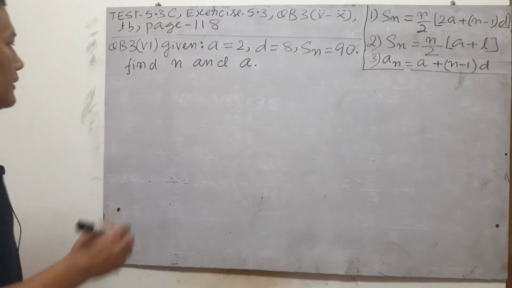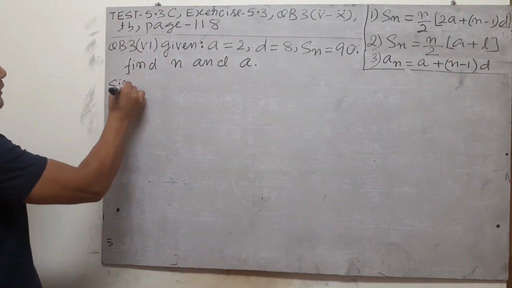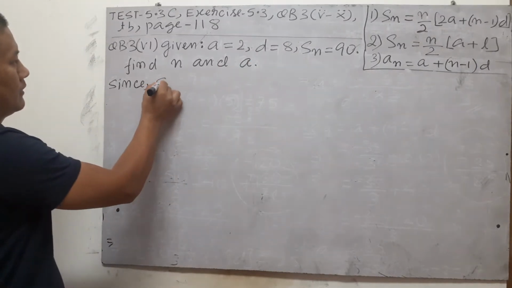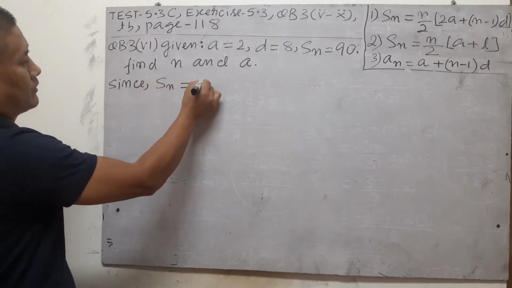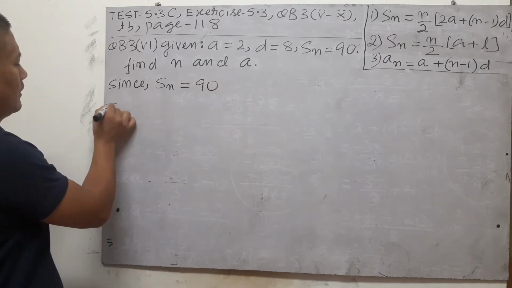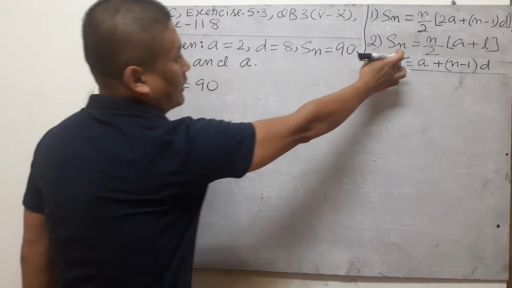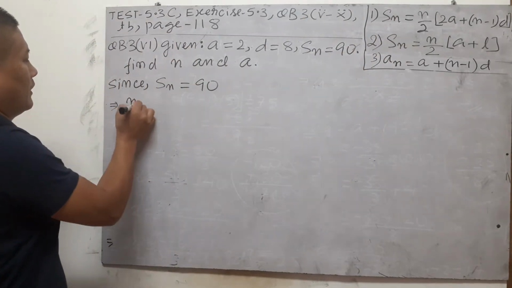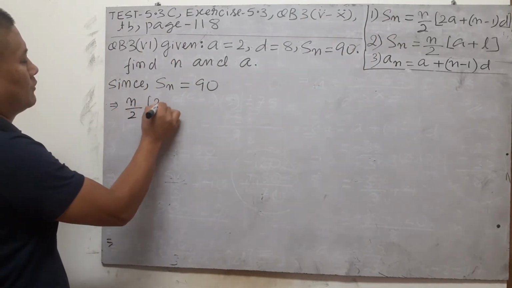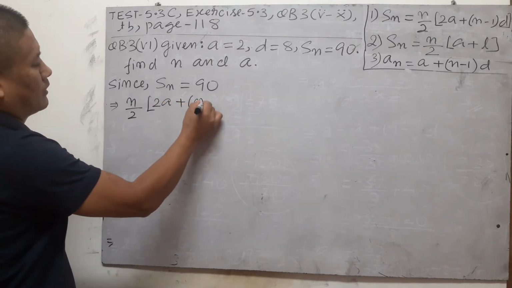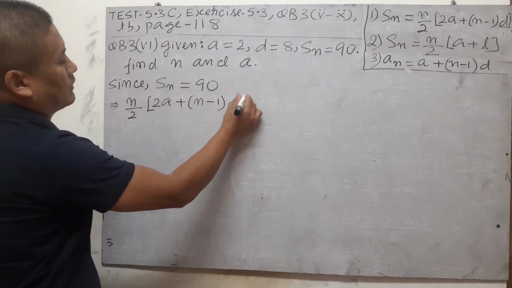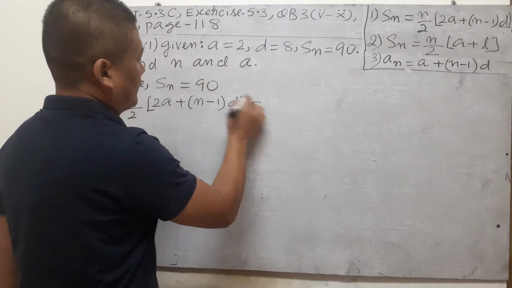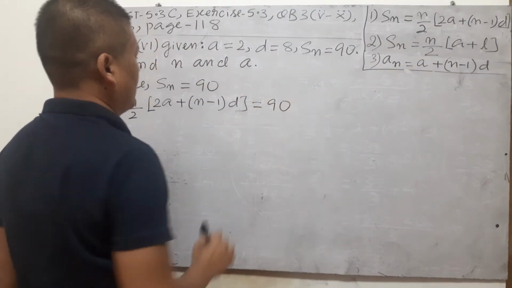Let's start slowly. Since here we are given one clue, Sn, sum of n terms, is given as equal to 90, we can now use this Sn formula: n by 2 into 2a plus n minus 1 into d. The same formula will therefore be equal to 90.